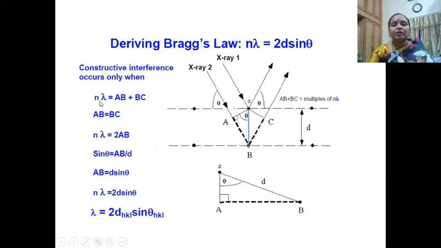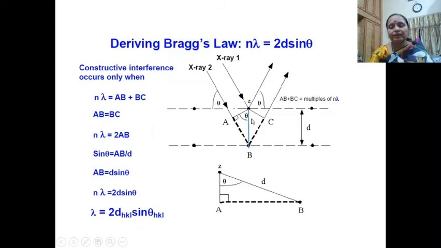So now n lambda will be equal to AB plus BC. I know here AB will be equal to BC. So if AB is equal to BC, then n lambda will be equal to 2AB. But what do I know?